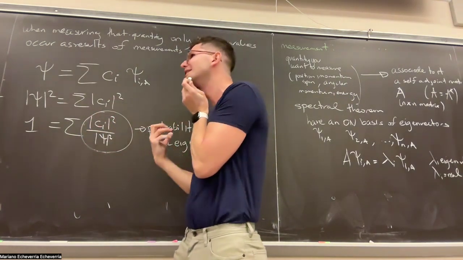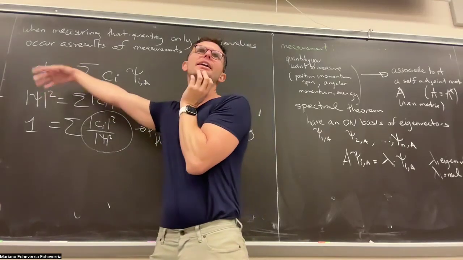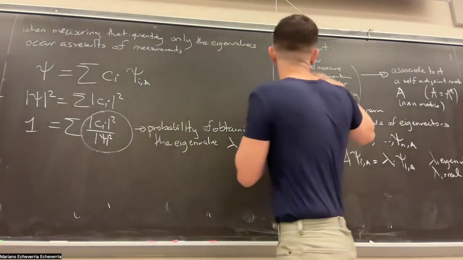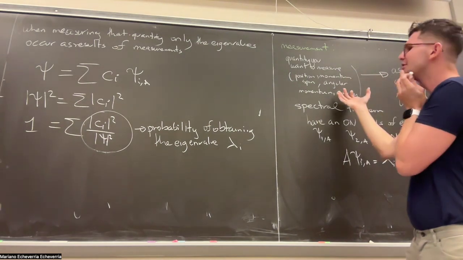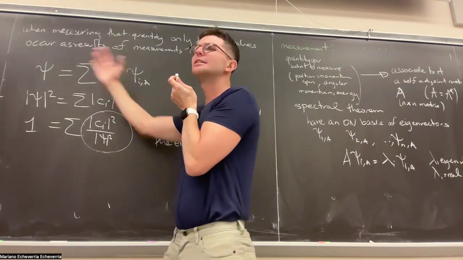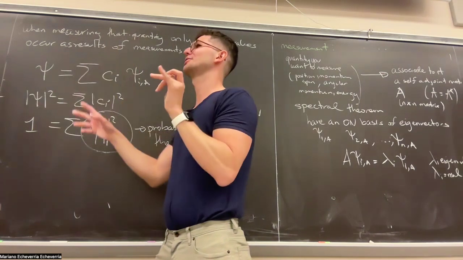The vector didn't somehow have eigenvalue 3 or 4 or whatever. For example, if you're trying to measure energy, which is given by the Hamiltonian, it's not that the system had a specific energy before the measurement. That is not how you should think about those things.